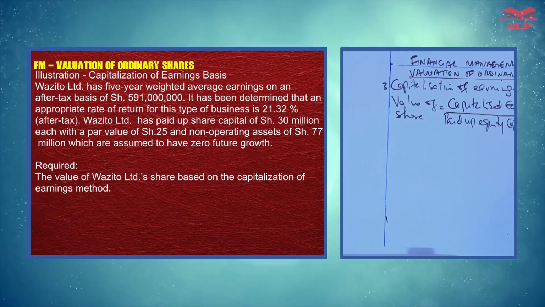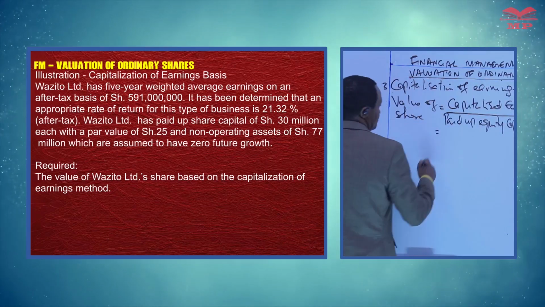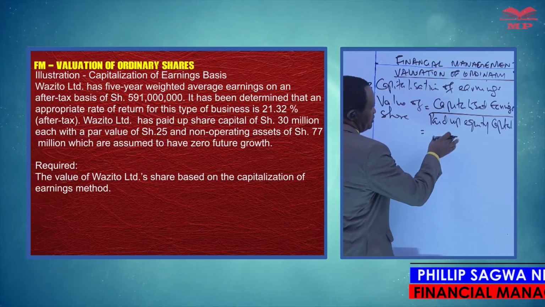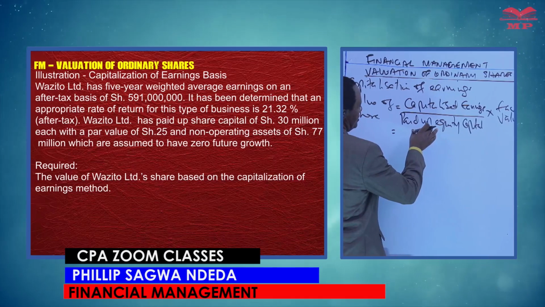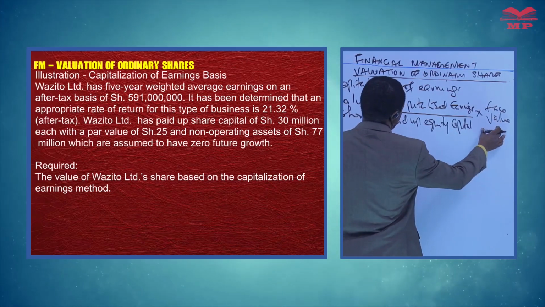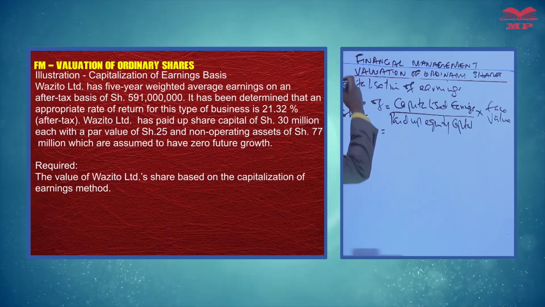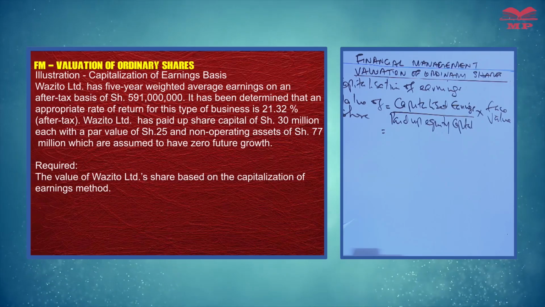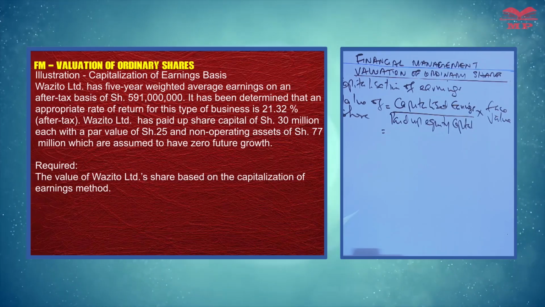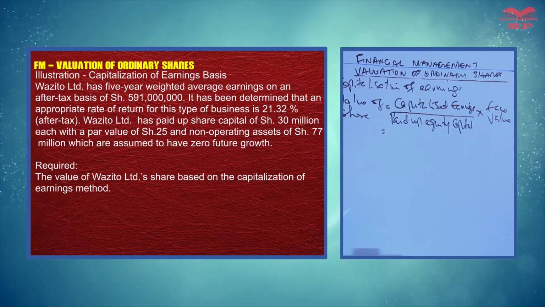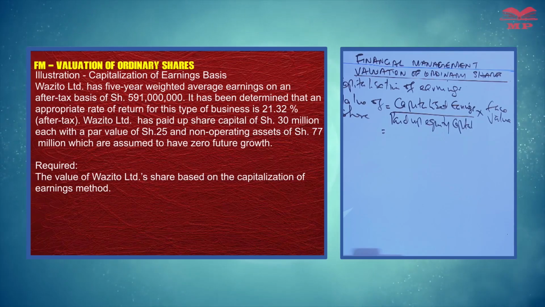So this is the formula for the value of the share. We have the paid up equity capital, we have the face value of the share, but when you look at the capitalized earnings, we may need an adjustment because of the 77 million non-operating assets, which are assumed to have zero future growth.